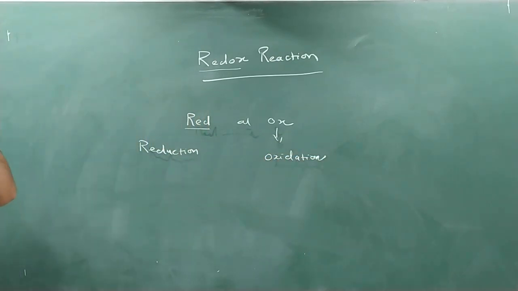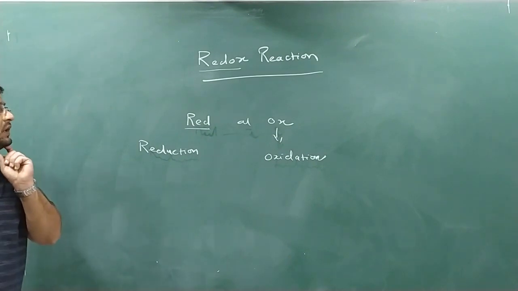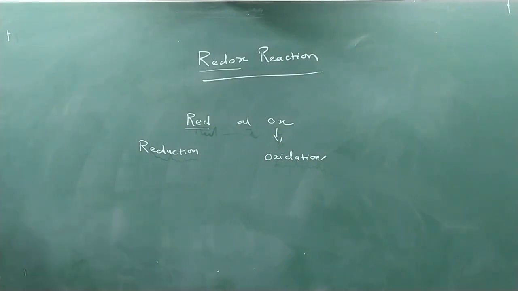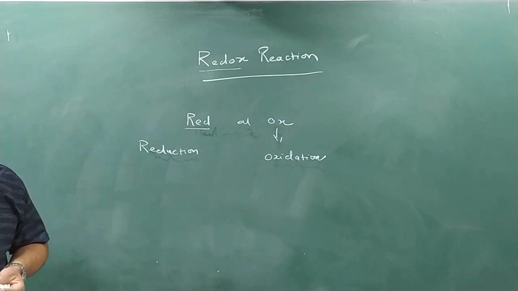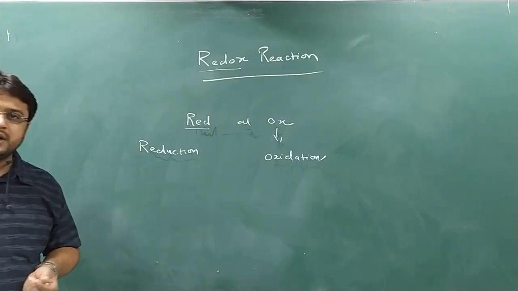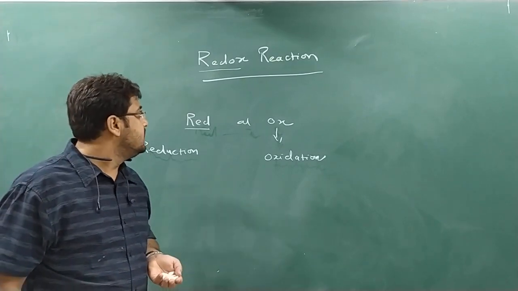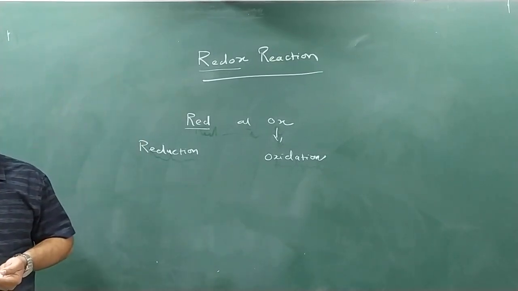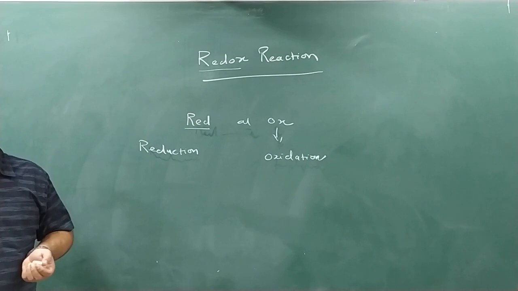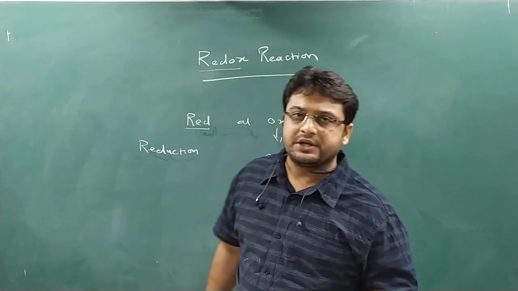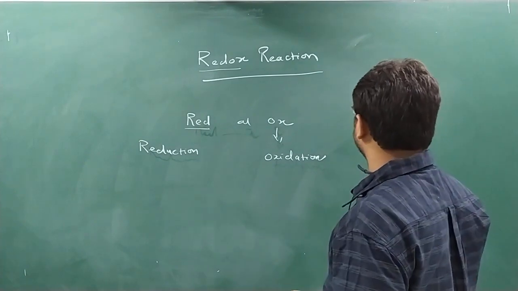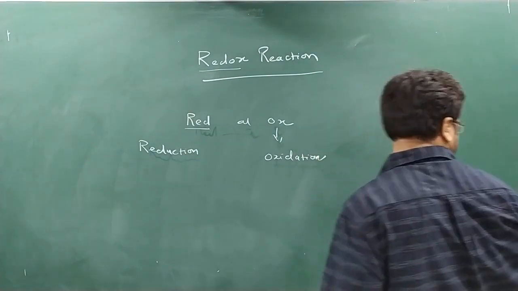So the first definition of redox reaction is, in a chemical reaction, if an oxidation and reduction reaction occur simultaneously, then such a type of reaction is known as a redox reaction. So I will write down the definitions here.